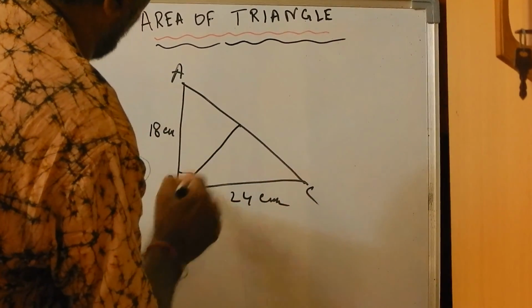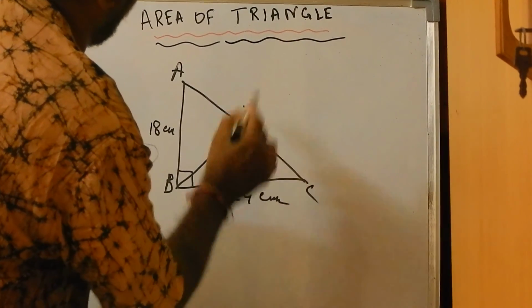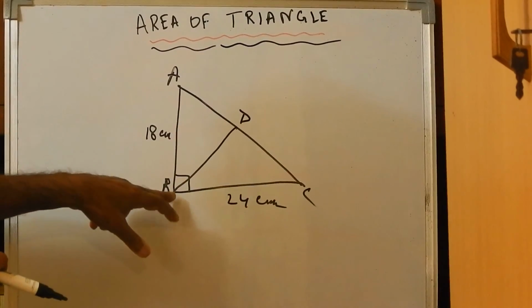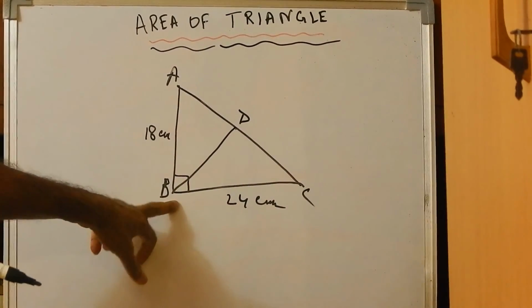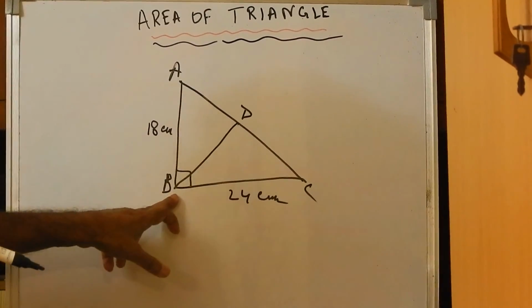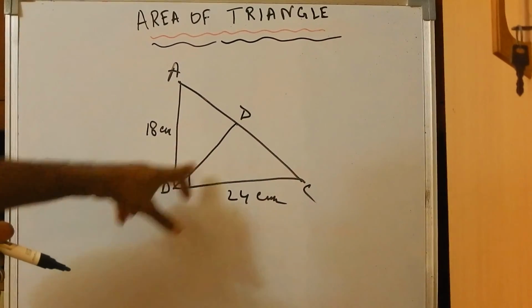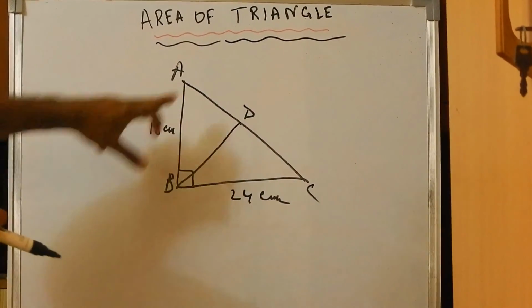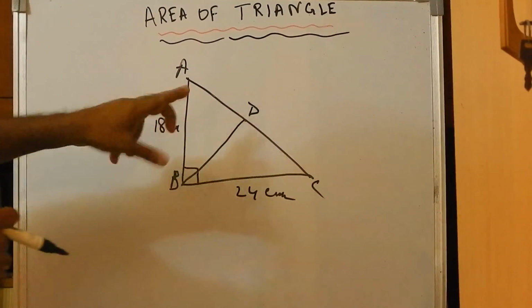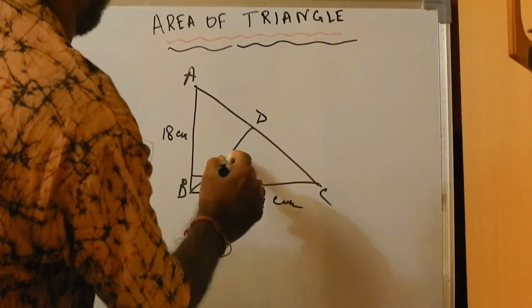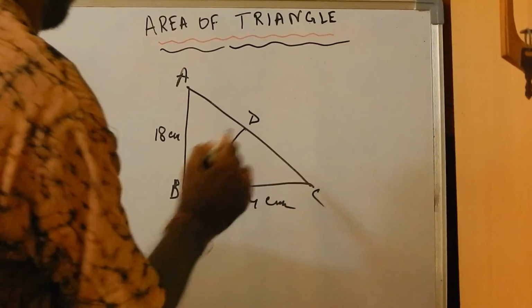A perpendicular was also given, named BD. A perpendicular is drawn from the right angular point, here B, to the hypotenuse itself, and its length is BD. What we are required to find out is the length of BD.